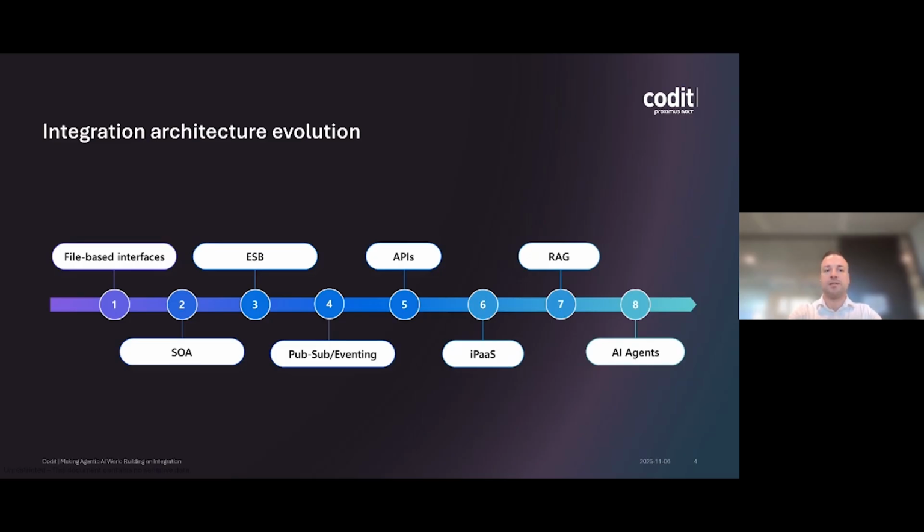It's an architecture that's always an evolution, maybe not in very big steps that you can see, but it's always something that has been evolving. We have seen it occur over the past couple of decades and are now experiencing this new iteration that involves AI. And it's important to understand that the introduction of AI, such as RAG, so retrieval augmented generation, and agents, is a new evolution for integration.